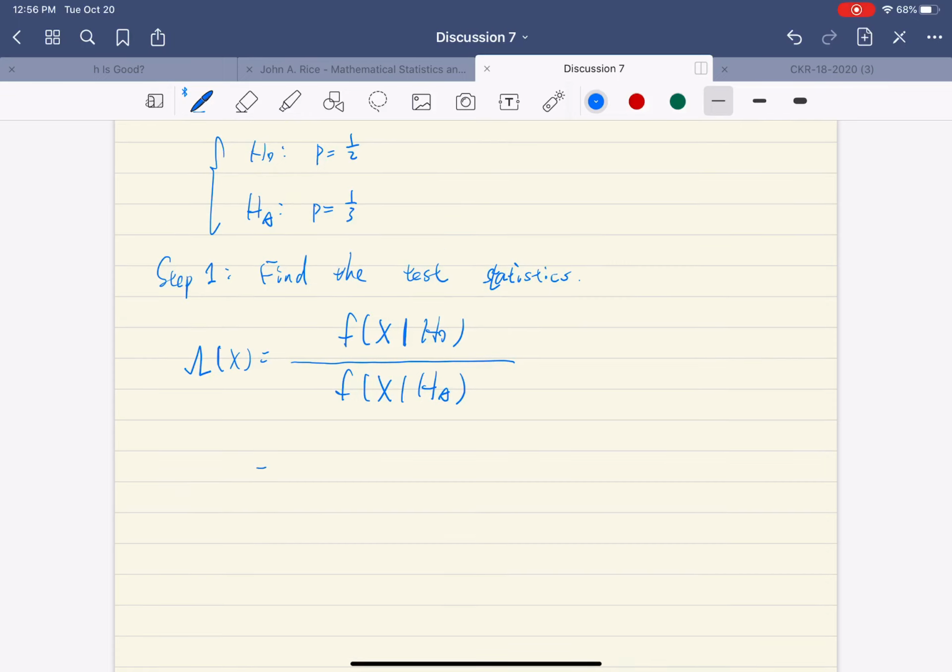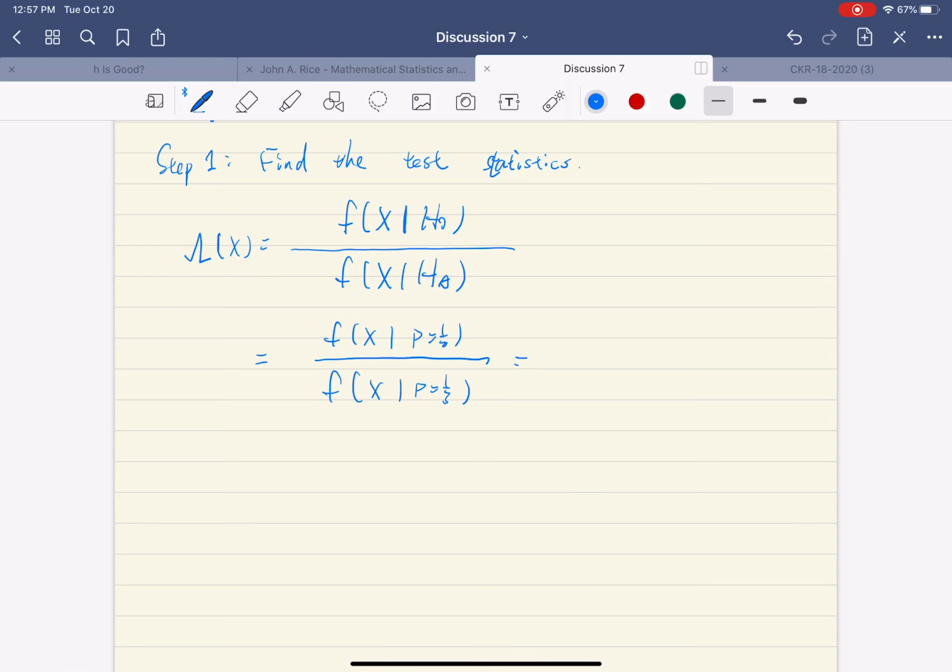So we have to plug in the data. It's equal to this, with P equal to 1/2 here, and P equal to 1/3 here.